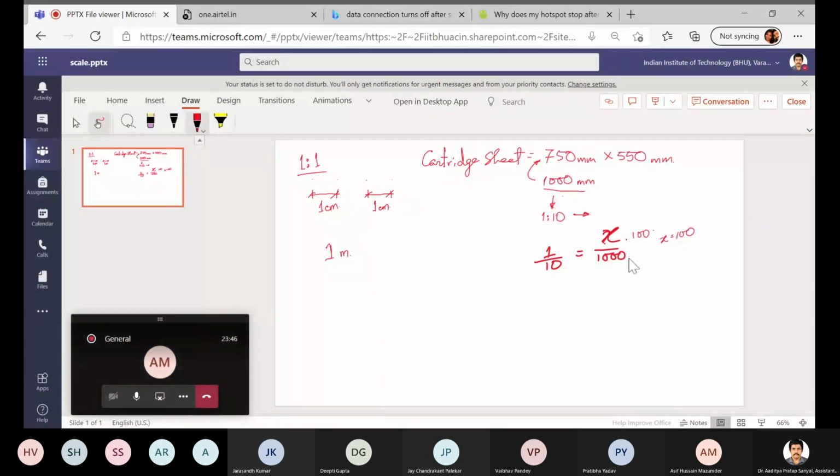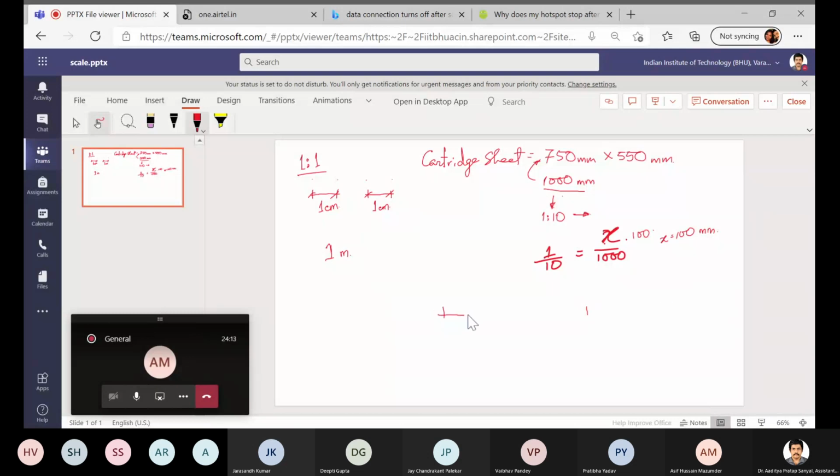You have your regular scale with it. So this 100 is what? 100 mm, right? Clear? 100 mm. So I'm trying to represent 1 meter in a scale of 1:10.